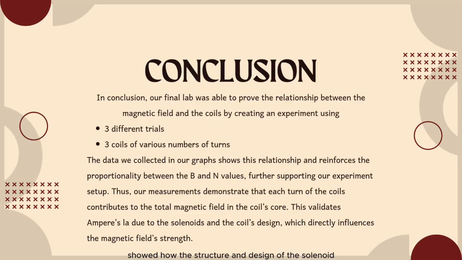It also showed how the structure and design of the solenoid play a major role in determining the field strength. Even though this is a simple setup, it does a great job of connecting the theory from class to real world measurement, and it helped us understand how magnetic fields behave in a practical and observable way.